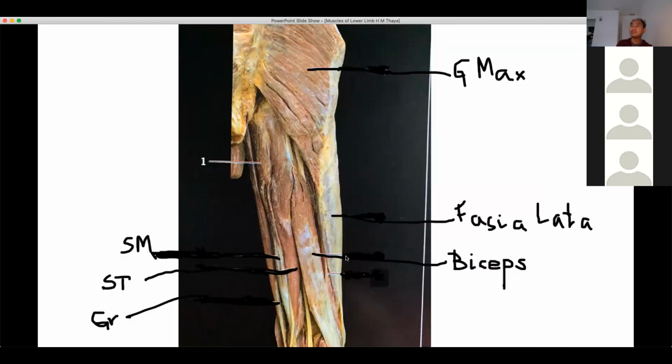So these muscles originate from the ischial tuberosity and run down. Biceps will run to the lateral aspect of the knee, and semi-T and semi-M will run to the medial aspect of the knee. And you can see the gracilis muscle. So this hamstring is dividing into lateral biceps and medial semitendinosus and semimembranosus. So that is going to create a diamond-shaped structure here.